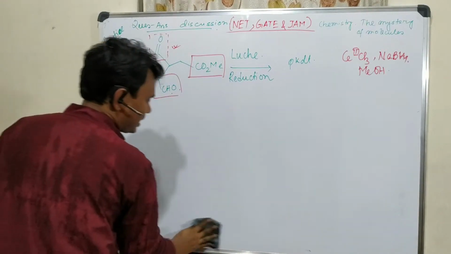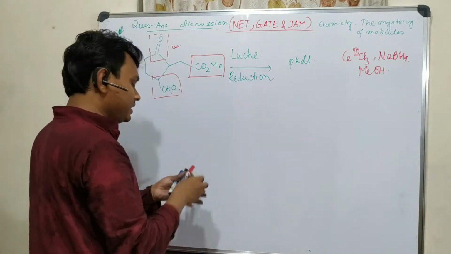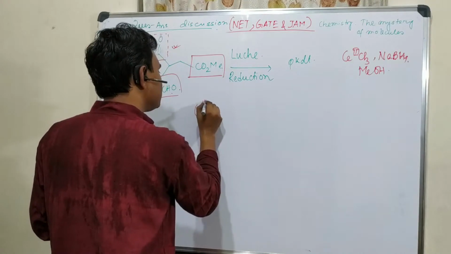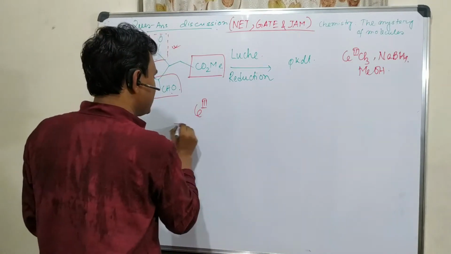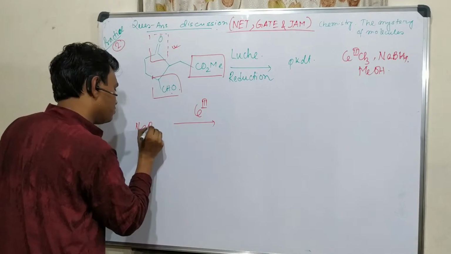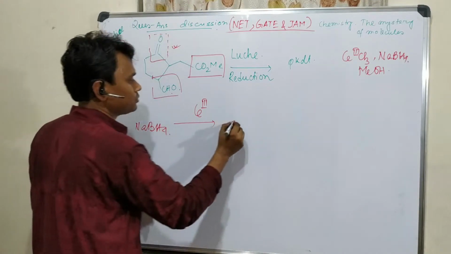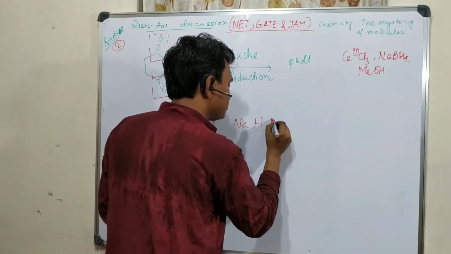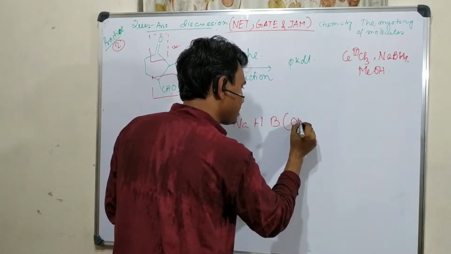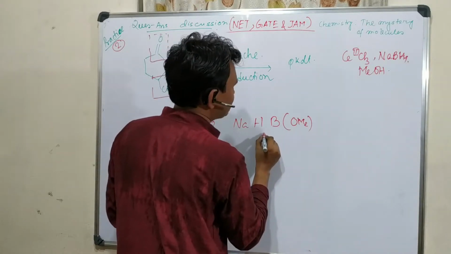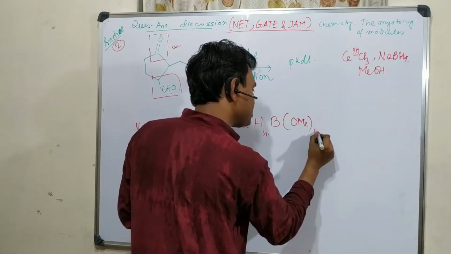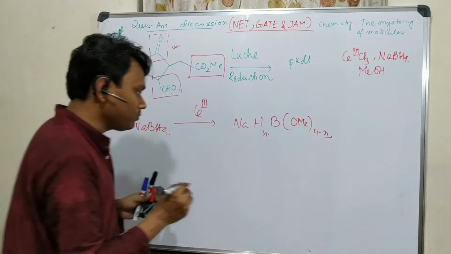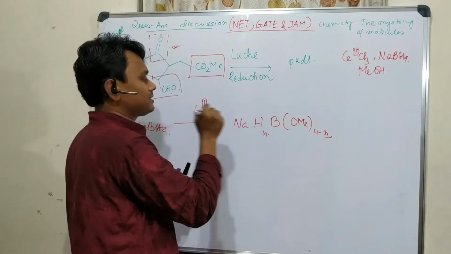Here sodium borohydride is a pre-reagent. It is converted into another reagent: in the presence of cerium(III) as a catalyst, sodium borohydride is converted into a mixture of sodium alkoxyborohydrides, NaBH(4-n)(OMe)n, and this hydride acts as the reducing agent.